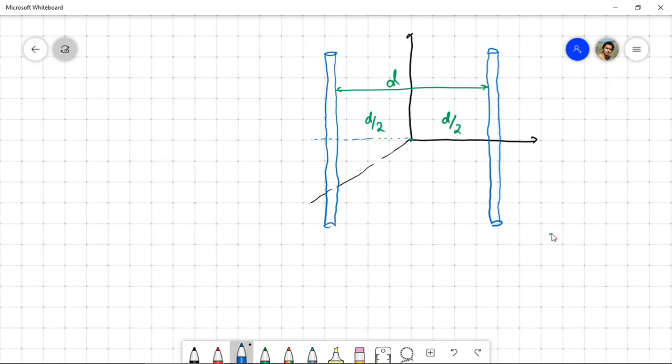Another thing that is given is that the direction of current flowing through these conductors is in the direction of z. We'll say that this is conductor 1 and this is conductor 2. The current passing through this conductor is I1 and the current passing through the other conductor is I2.